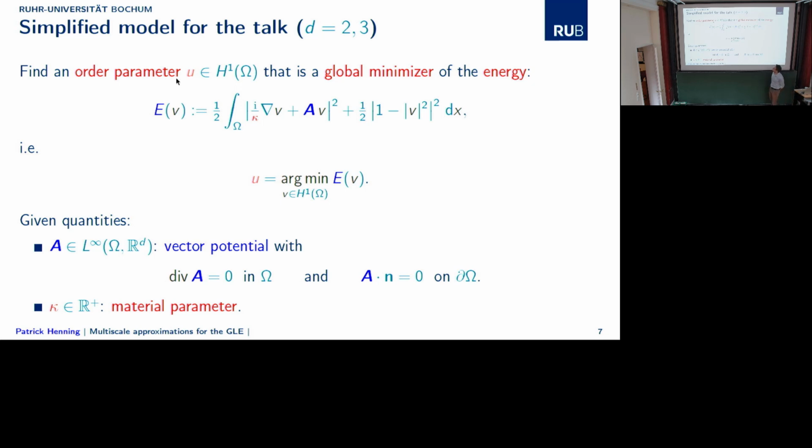Okay, so now I was motivating the whole thing with all these nice vortices that you saw at the beginning. So where do I see the vortices in this model here? Why do they appear, and what is the crucial quantity in that context? It cannot be A, so it must be this material parameter kappa.